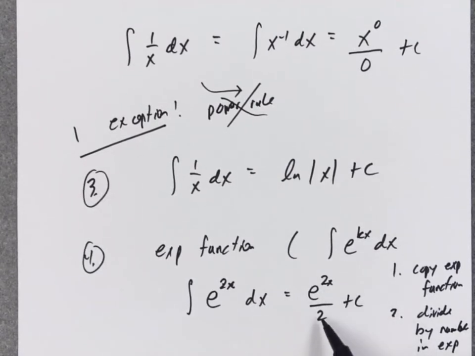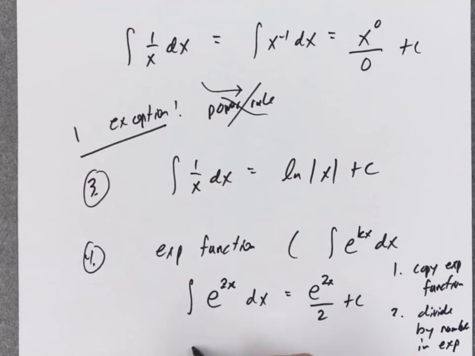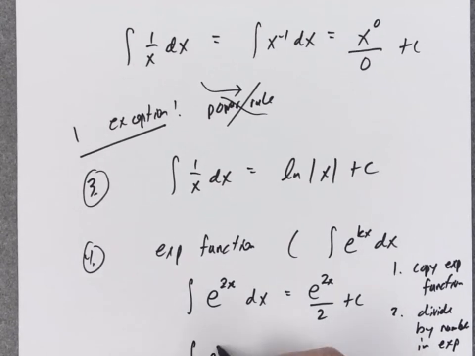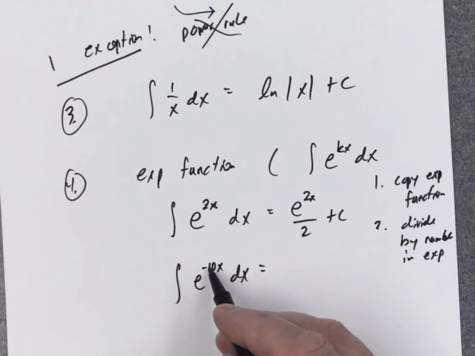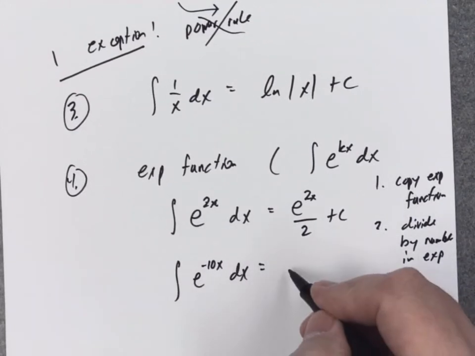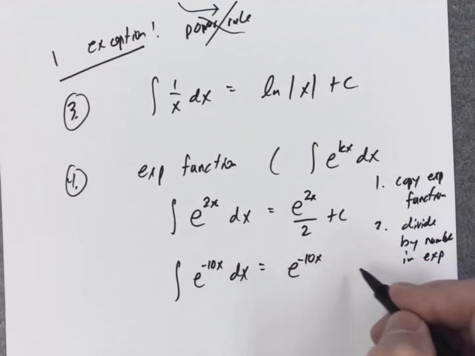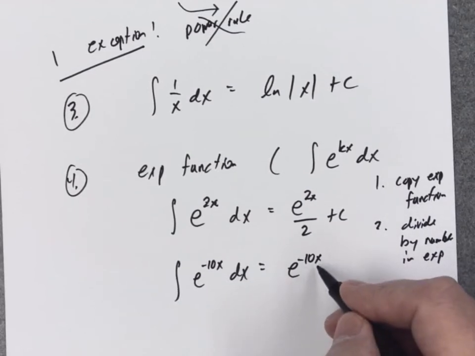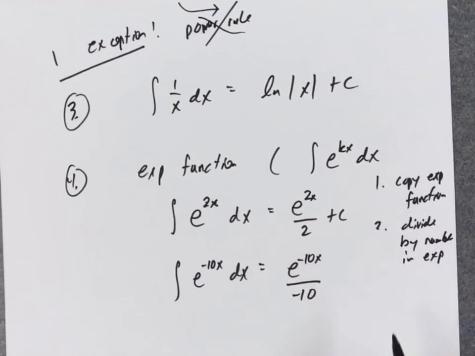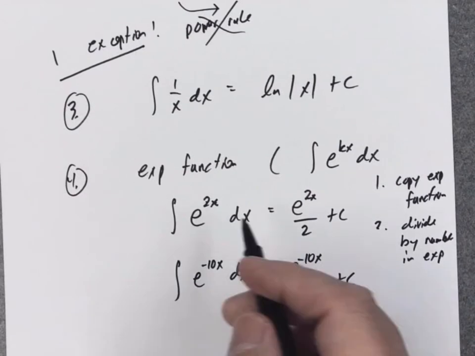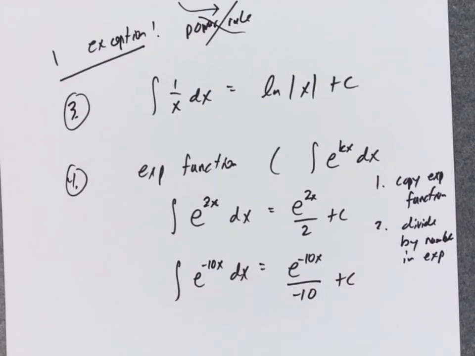Or you could say you put 2 in the bottom. Same thing. Natural exponential function, a number times x, you rewrite the whole exponential function, divide it by whatever the number is. Alright, so that's a little bit of a special rule too. And that's pretty much it for those rules.